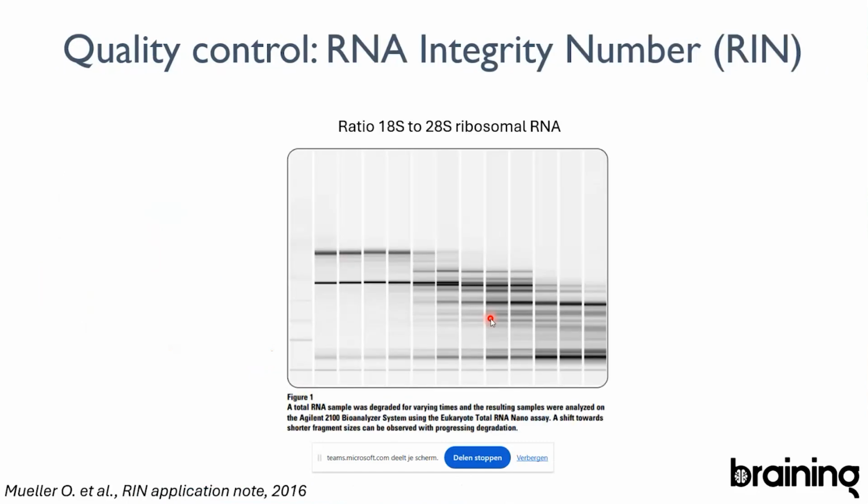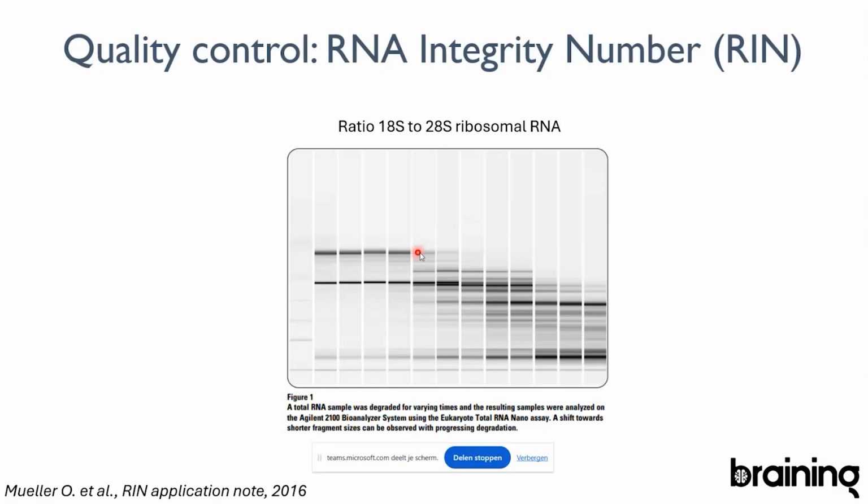Second way to look at the quality is to see whether your RNA is still intact. And that you can do by looking at ribosomal RNA. I'm not going to go into the details, but basically there are two ribosomal RNAs, 28S and 18S, and you can take the ratio. And if the ratio is intact, that gives the number 10.